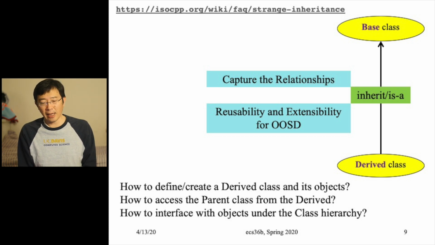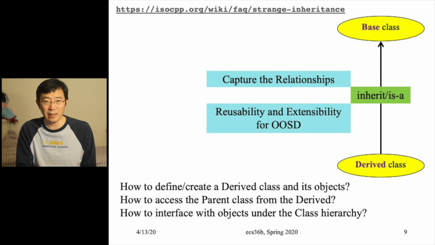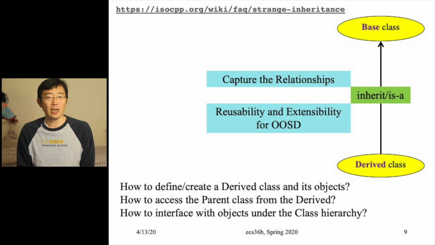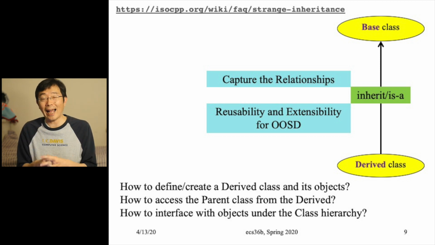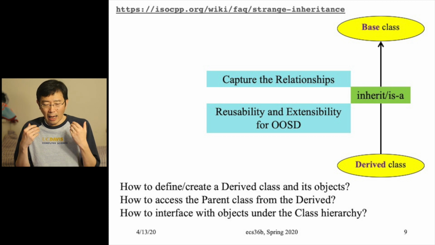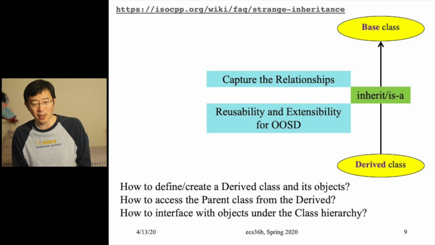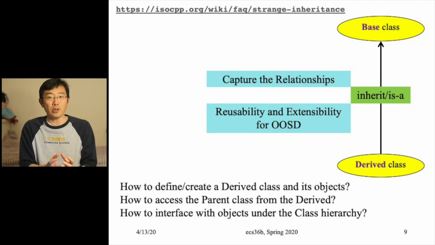And the third thing is that, because we have a class hierarchy and you have objects being created in a variety of places in this class hierarchy due to the inheritance relationship, how do we actually interface with that? In particular, right now, I'm going to show you the idea of polymorphism, and how you come up with the most simple kind of polymorphism called virtual function in C++, such that you can interface with an object that, even though it's the same object, will move up and down this class hierarchy.